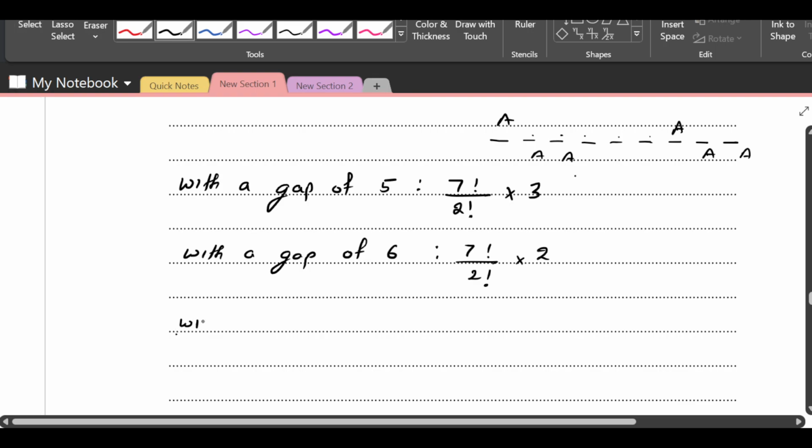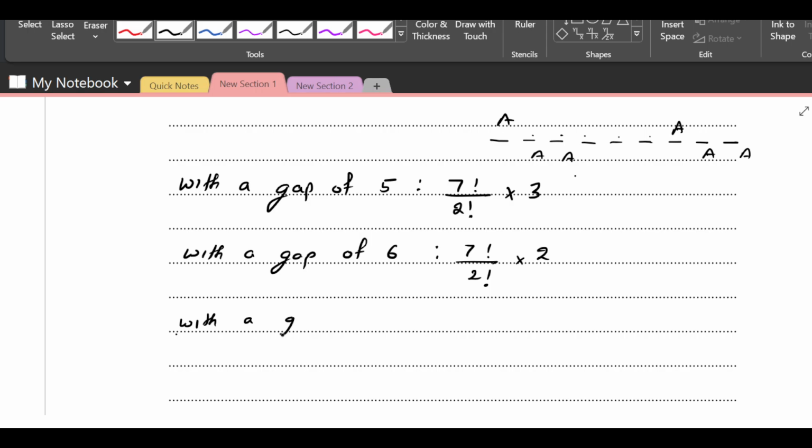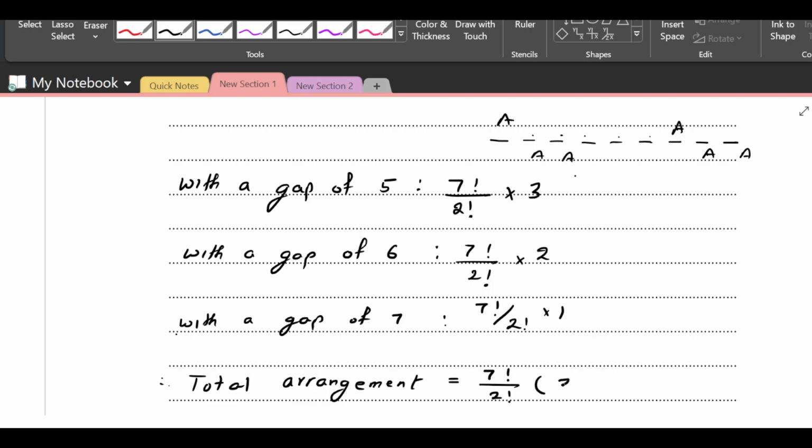So with a gap of 7, this arrangement will be 7 factorial divided by 2 factorial times 1. So therefore, total arrangement will be 7 factorial divided by 2 factorial times, here it is 3 plus 2 plus 1.